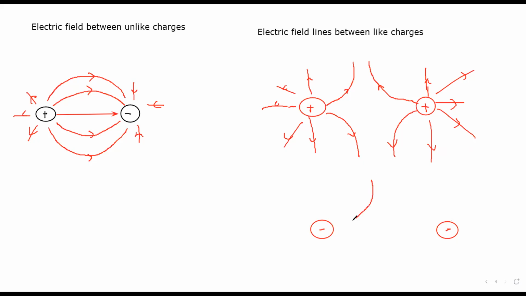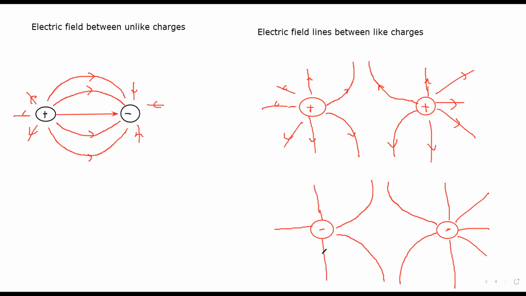For negative charges, the same pattern. Between them, do not draw any field lines. The pattern will be the same, and the arrows should point inward.